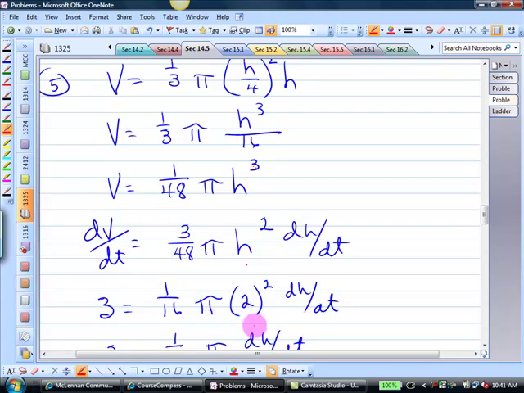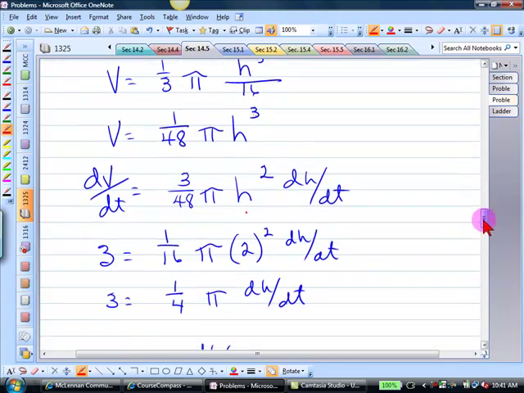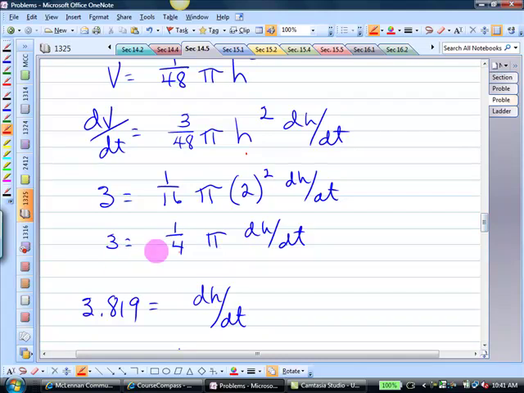Now I'm plugging in the things that I was given. I was given that dV/dt was 3, and I want to know dH/dt when h is 2. So at this point, I can plug in everything and solve for dH/dt. So I get 3 equals, how did this become 1/4? 4 times 1/16, that's 4 over 16, that becomes 1/4 pi dH/dt.